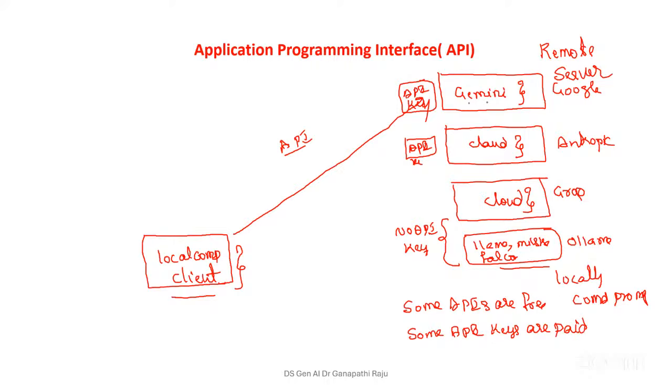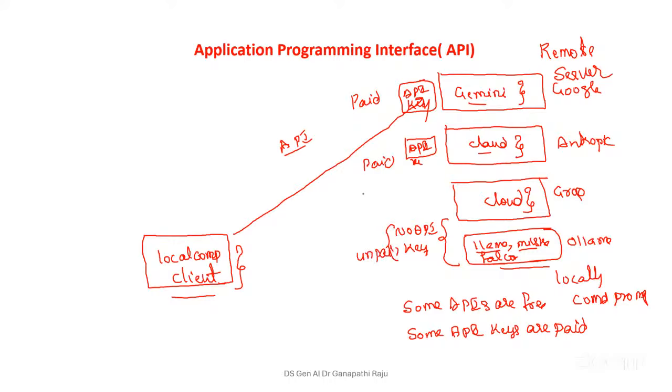Google Gemini will be giving free tokens up to some extent. Then you can take Claude and others, they will be paid. But Llama, Mistral, Falcon, Gemma, all these are free. For them, no API key is required. So some keys are paid ones. Claude is also a paid one. And this is unpaid.